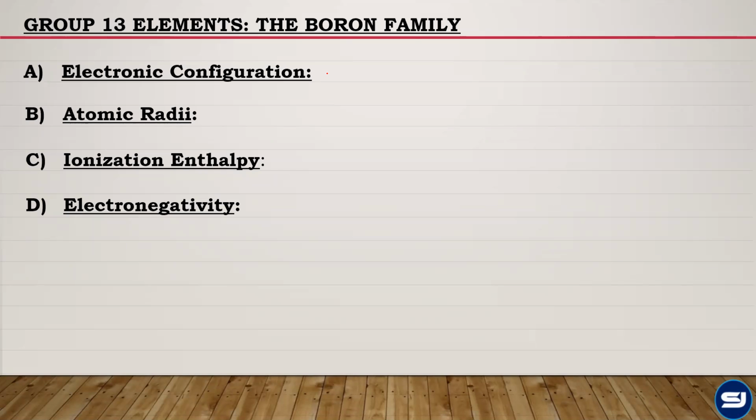Because for the entire p block family, the configuration is ns2 np1 to 6, where the electron is progressively filling in the p orbital. So for the first p block group, the electronic configuration would be ns2 np1. So based on this configuration, how many electrons does it have in the valence shell? 3 electrons in the valence shell.